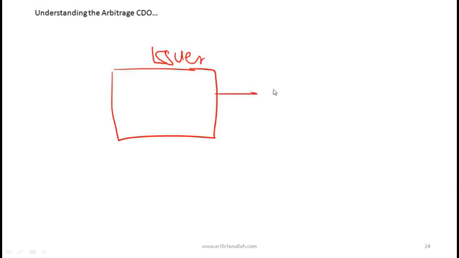Now, some of you have gotten this reasonably well, but for those who are struggling with the basic concept behind the arbitrage CDO, I'll draw a very simplistic example. Let's say that this is the issuer of CDOs, and very simply, let's say there is just one tranche, and the commitment made to the holders of this CDO on average is a coupon rate of 8.5%.